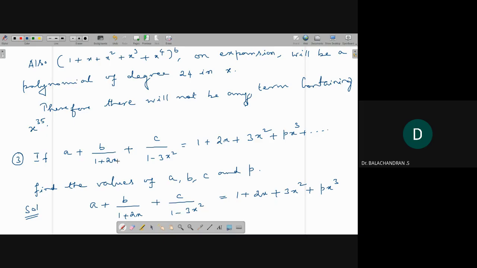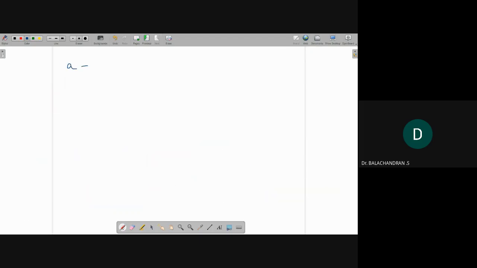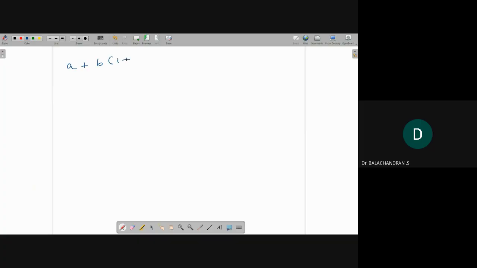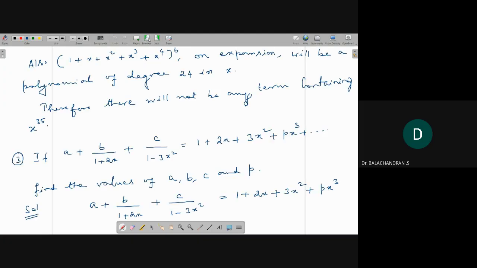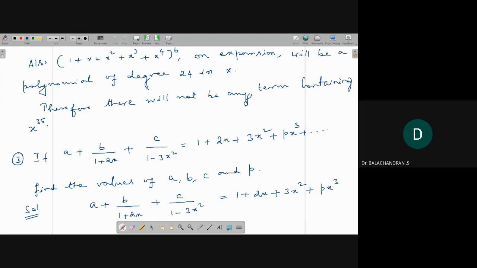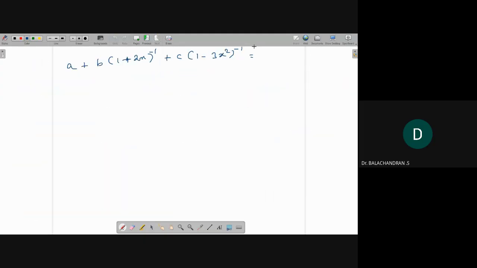Okay, so a plus b into (1 plus 2x) whole power minus 1 plus c into (1 minus 3x square) whole power minus 1 is equal to, right hand side is 1 plus 2x plus 3x square plus px cube.